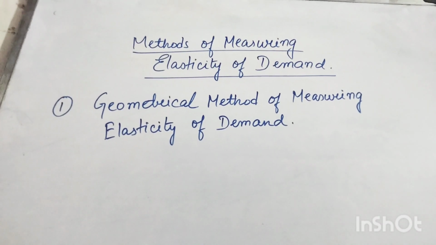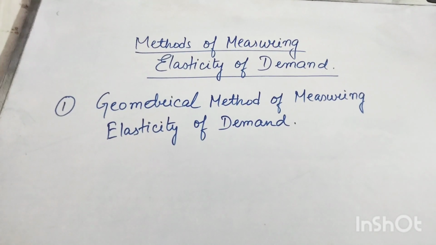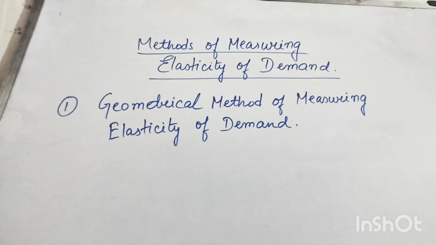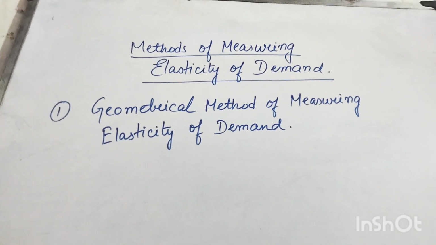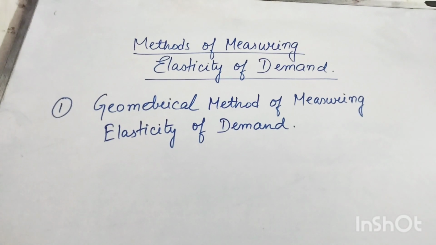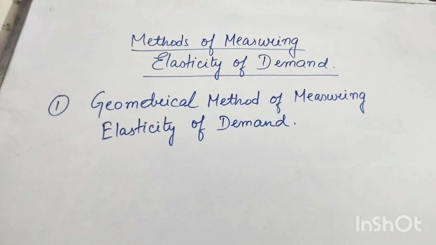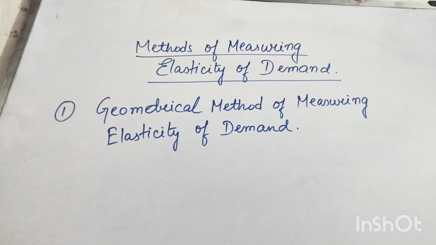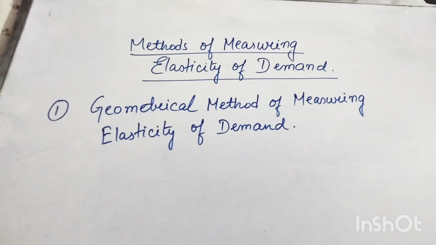So in the last class we discussed the elasticity of demand. We discussed what is price elasticity of demand, the meaning of elasticity of demand, and the different types of elasticity of demand.